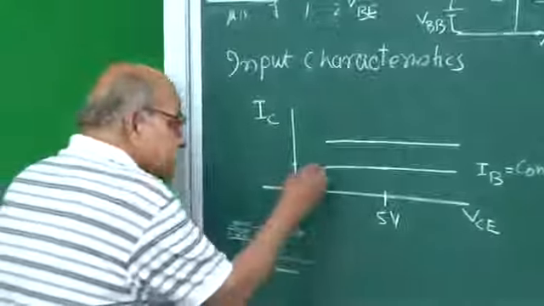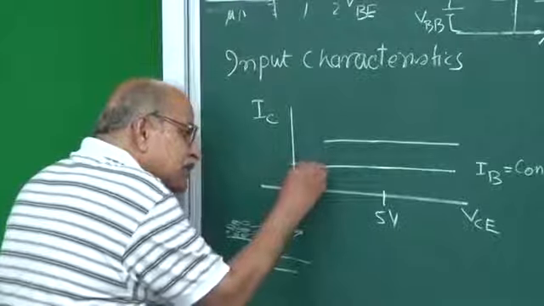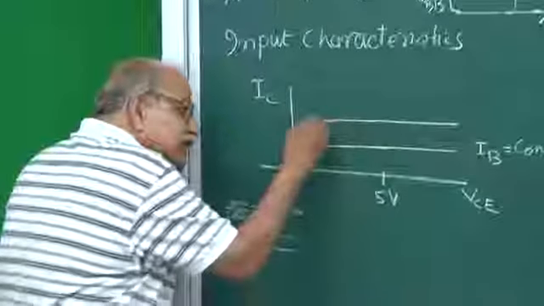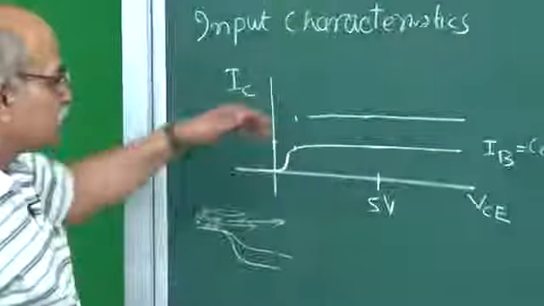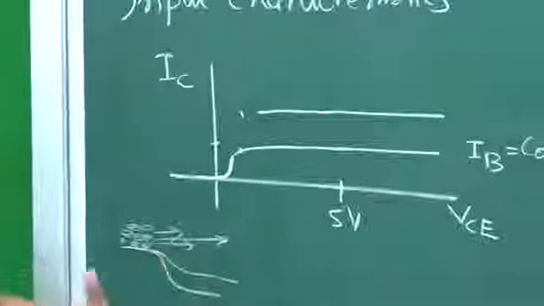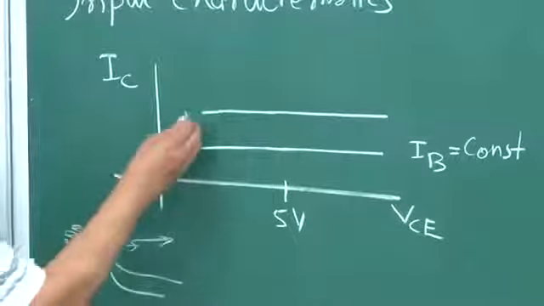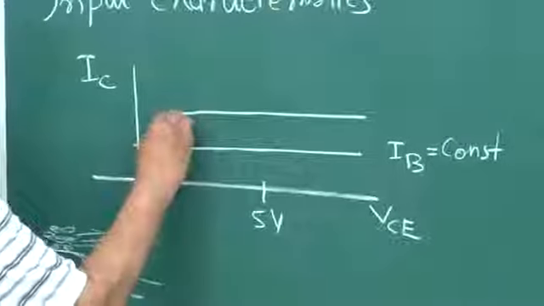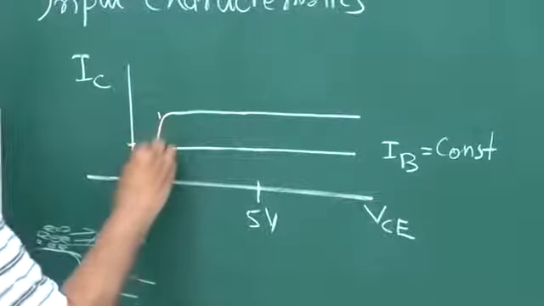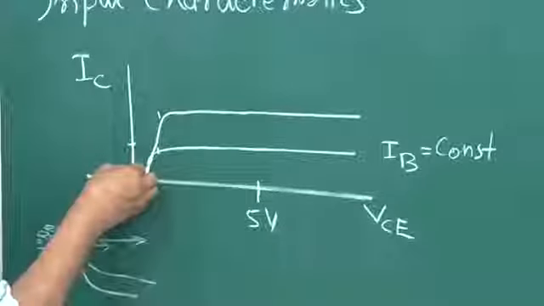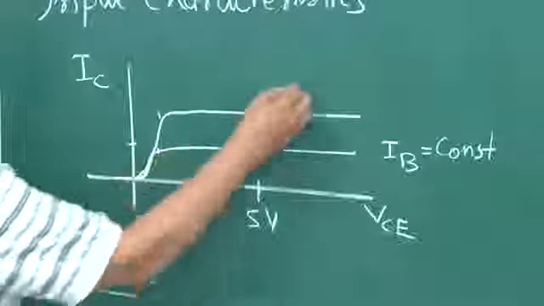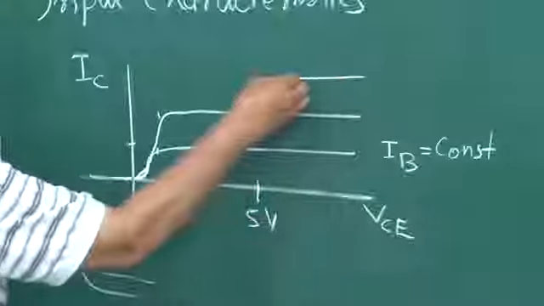If it saturates here, it will saturate slightly shifted here, because you have more electrons, and to draw them you need a little more reverse biasing. So this will be shifted here, and it will look like this. If you further increase IB, it will go like this.